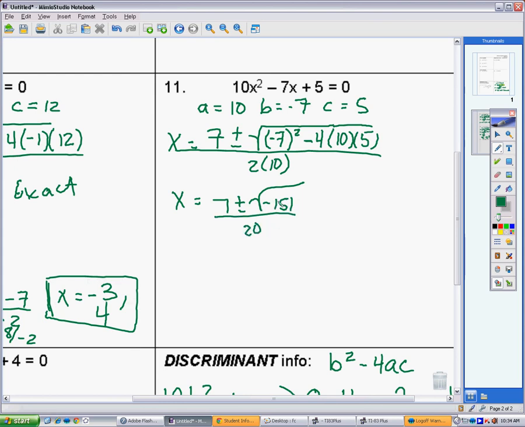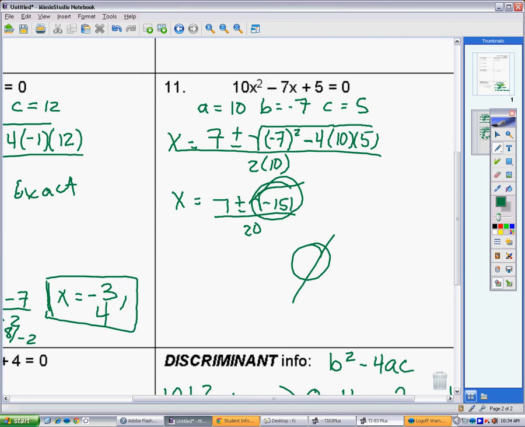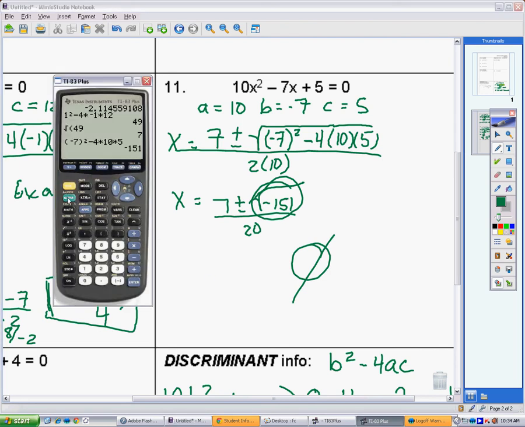Well, I can stop right there because when I see a negative inside the square root, I know I have no solution. And even if you try to put the square root of negative 151 in your calculator and hit enter, it will tell you it is a non-real answer. That's telling you there's no real solution. So I already know by having a negative in the square root that there is no solution.